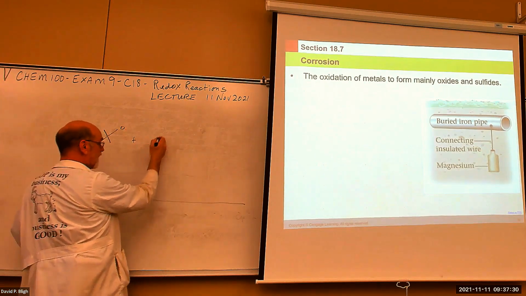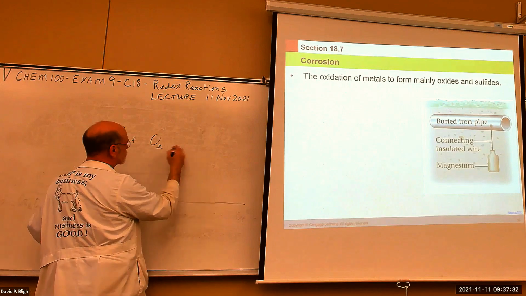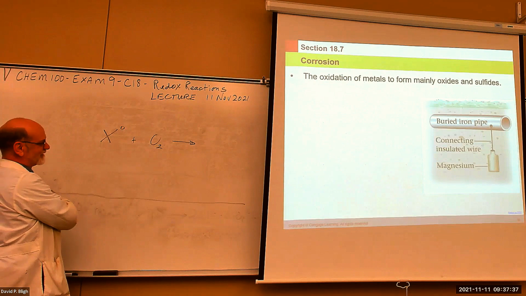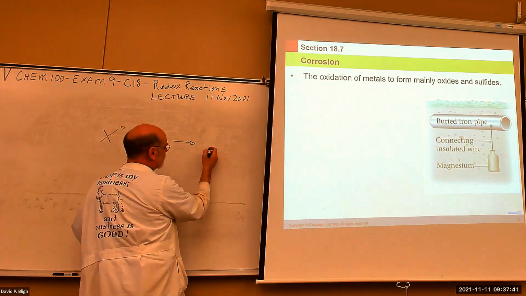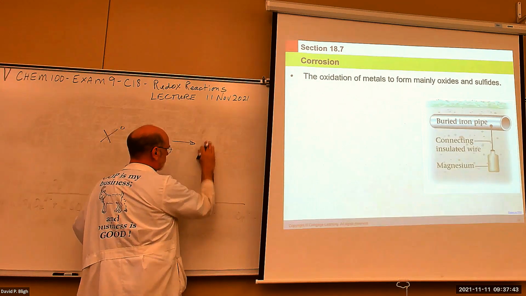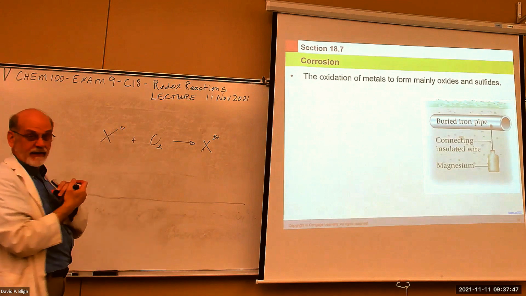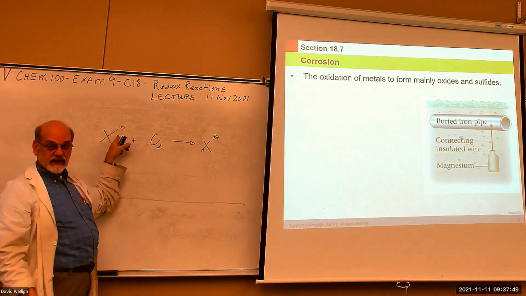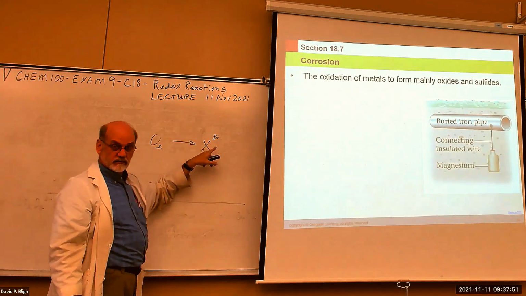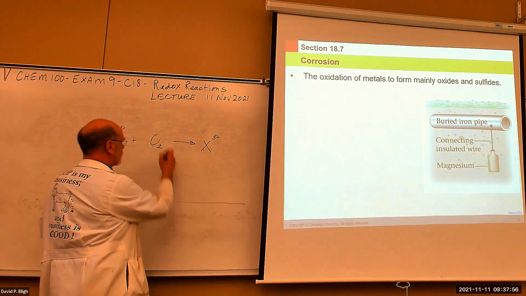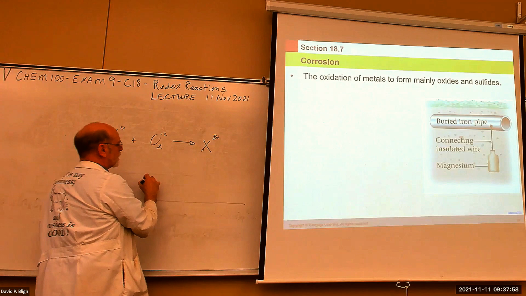And if it combines with oxygen to produce, let's say it goes to a 3+ oxidation state. Okay. So it's being oxidized from that one to this one. I'm just making this up. 0 to 3+. This one's -2.